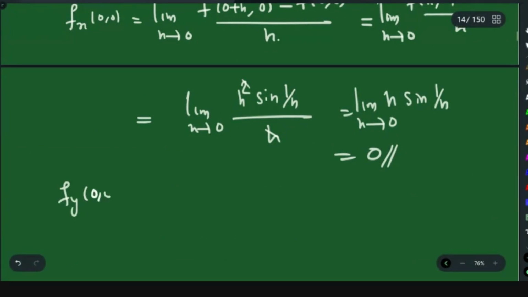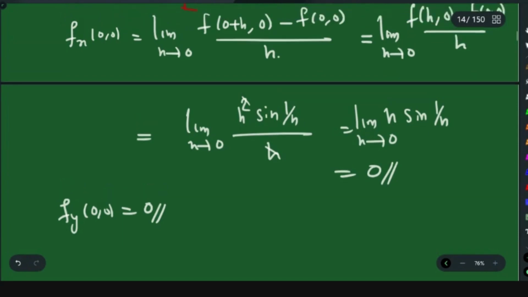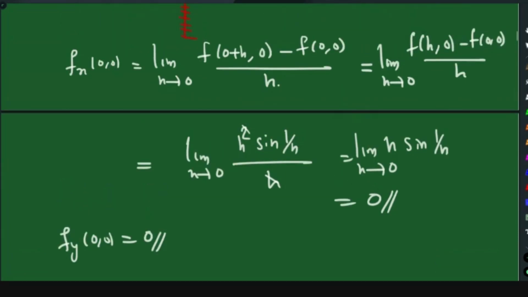No changes, only the component is changing. Instead of 0 plus h in the first component, the second component will be 0 plus h and the first component will be 0. That is the only difference. So you can just compute it, and you will get fy at (0, 0) is also 0.